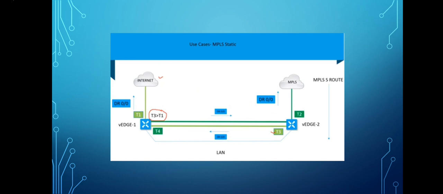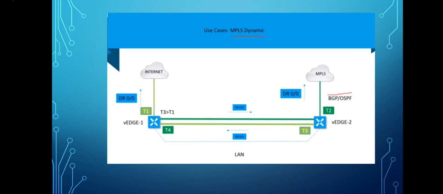And if you've got one internet and one MPLS, it can get extended to different vEdges. You need to remember that the T3 extension should be greater than T1 and T4 should be greater than T2.